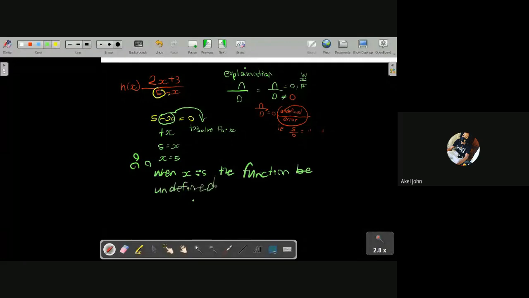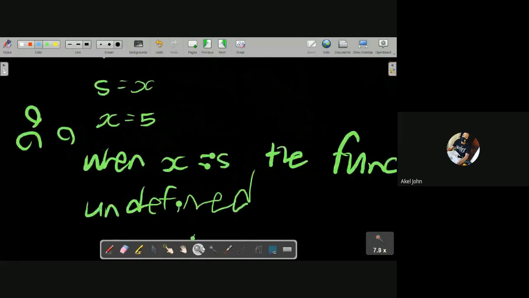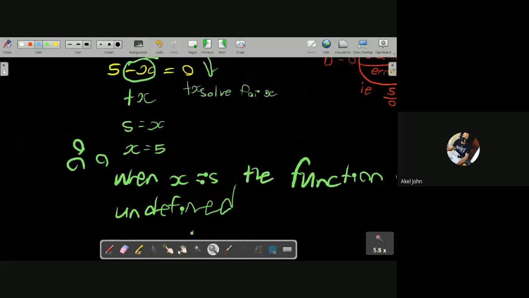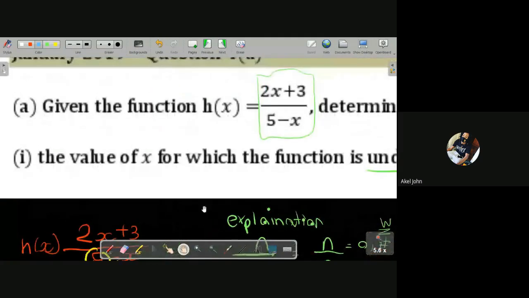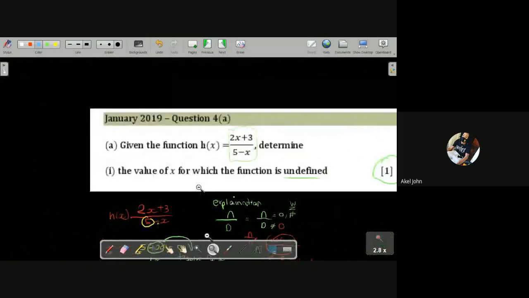Right? So this is a popular question. It usually comes. So just try to understand the concept of it. So that was for 1 mark.